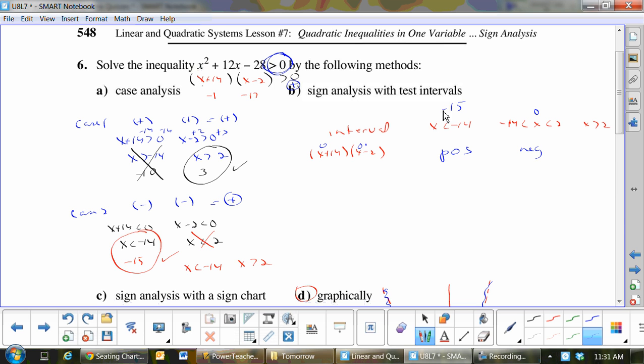Anything greater than 2, try 3. 3 plus 14 is 17. 3 minus 2 is 1, so that's a positive. Okay, it says, when is this thing positive, right? Look at my original question. Ask, when is it positive? Well, there you go. It's positive when x is less than negative 14 and x is greater than 2.